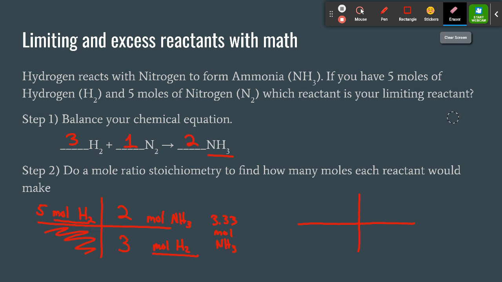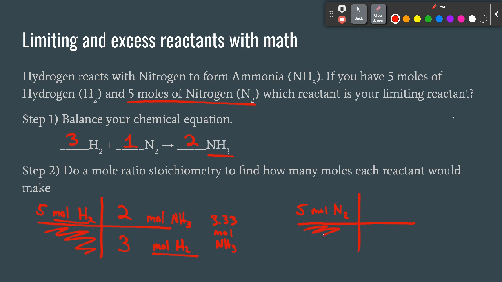We are using 5 moles of nitrogen. So we are putting in the top left this time 5 moles of nitrogen. Bottom left gets nothing. Bottom right has to match our units, so that's moles of nitrogen.